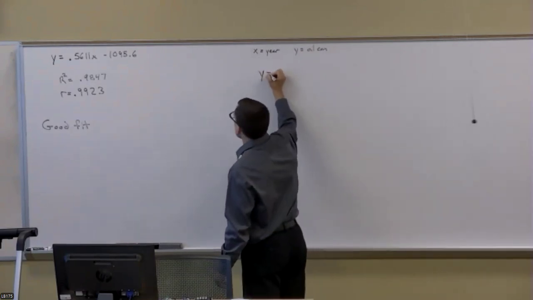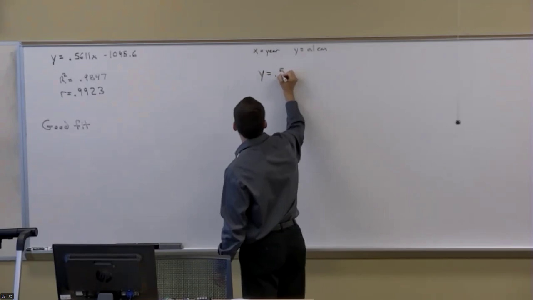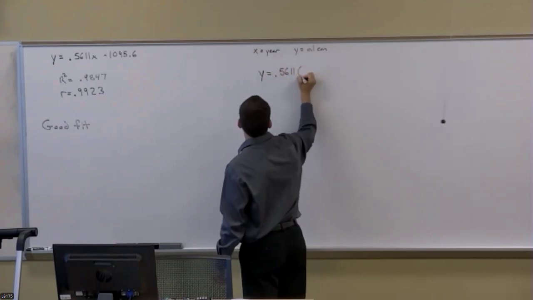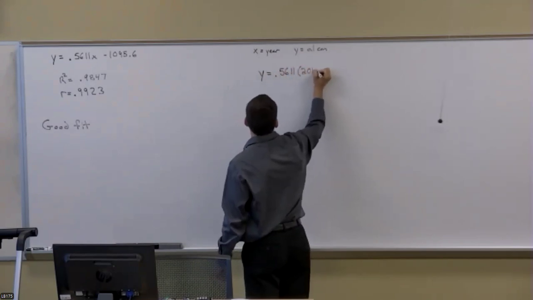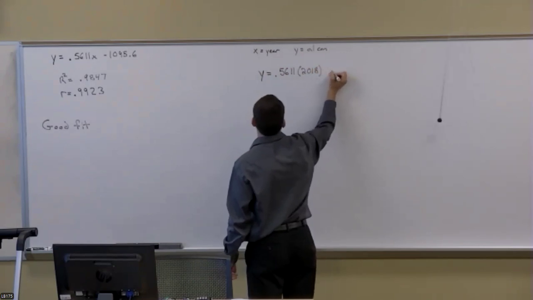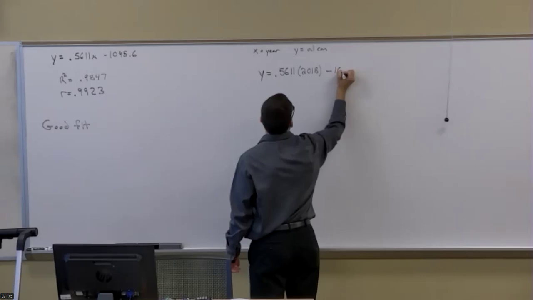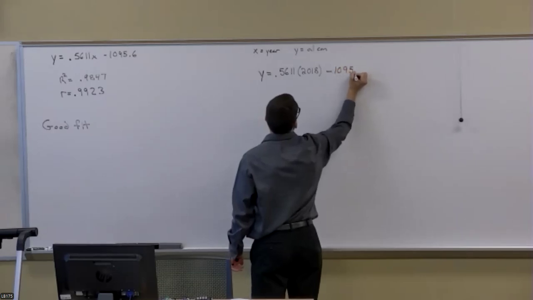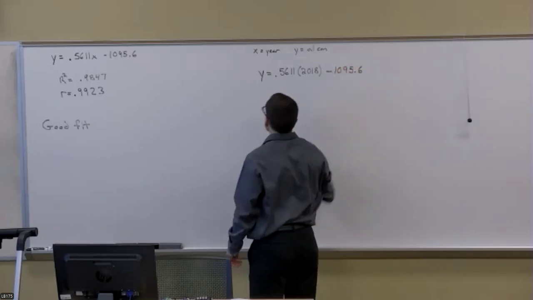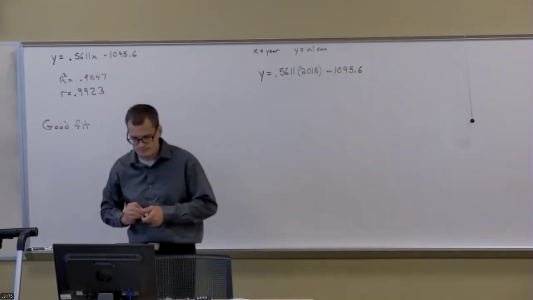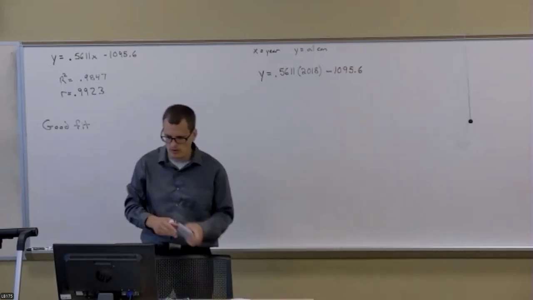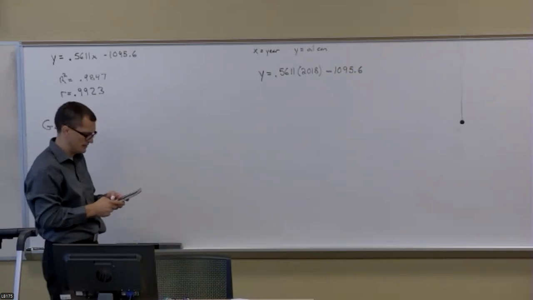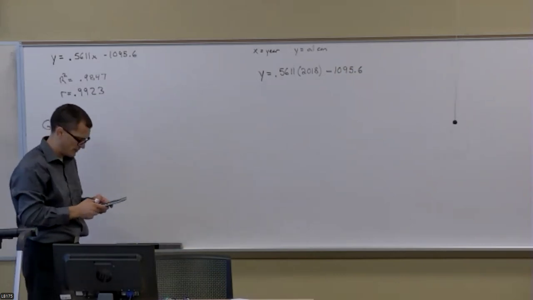So if I plug in 2018 for my X, I can figure out the oil consumption, or at least the approximate oil consumption. That would be in billions of barrels of oil.